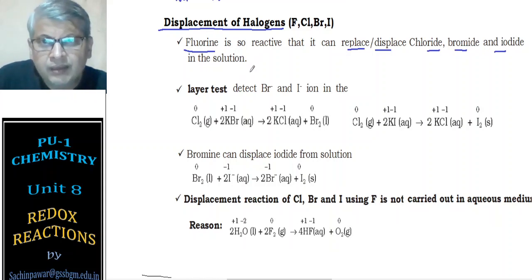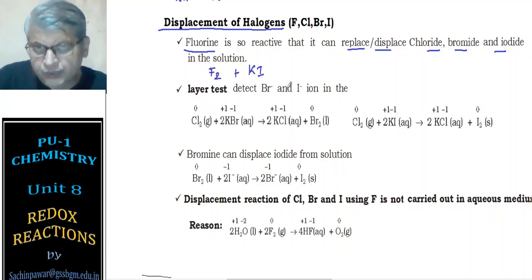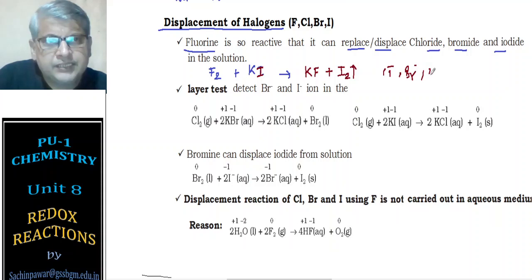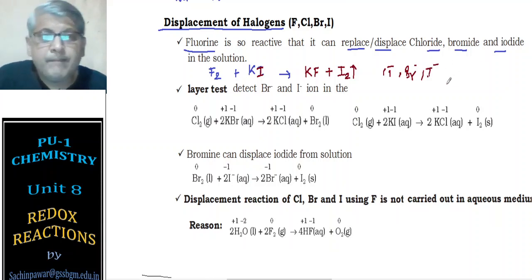Suppose I have potassium iodide, then if I just pass fluorine gas into this, the fluorine will replace the iodine. And you will get potassium fluoride and iodine gas. Like this, chloride ion, bromide ion, iodide ion can be displaced by fluorine.